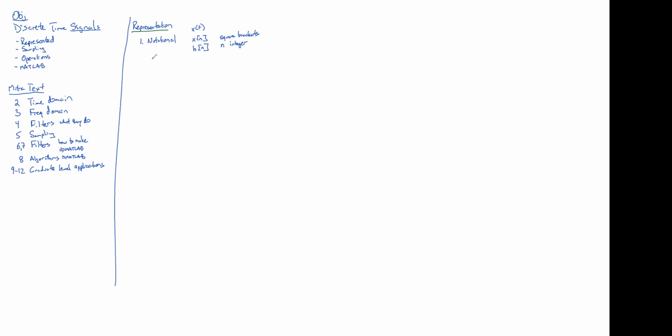So as an example, we might say, what is the sum over all possible indexes of h of n? Anyone, what does h of t represent back in signals and systems?